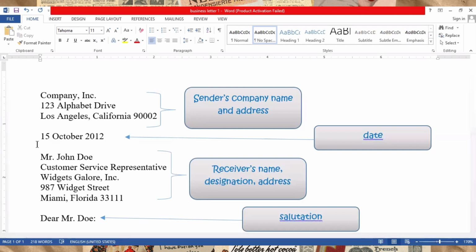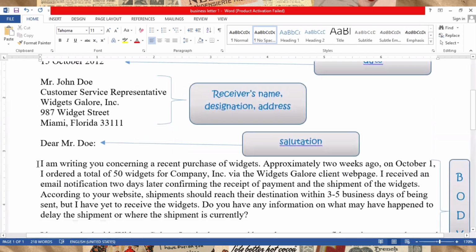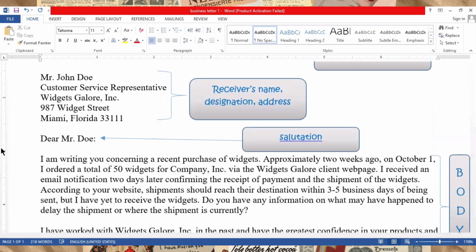And before you write the receiver's name, designation, and address, which is basically the third part of the letter, you have to leave 2 spaces again, and then write the receiver's name. Take note that you have to be sure about the name and the spelling of the name of the recipient.